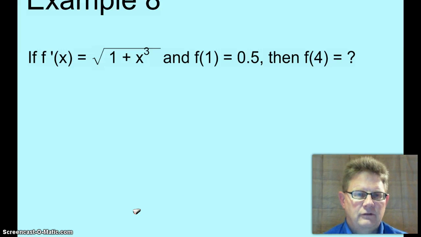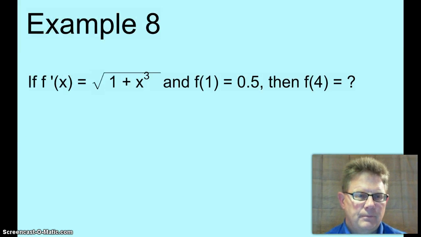And here's your last example, example number 8. If f prime of x equals the square root of 1 plus x cubed and f of 1 equals 0.5, then find f of 4. Okay, what you are going to do is you are just going to set up this way.